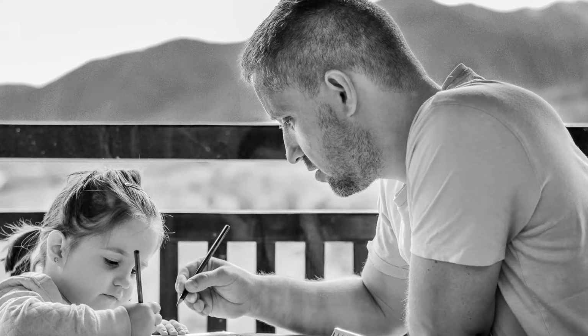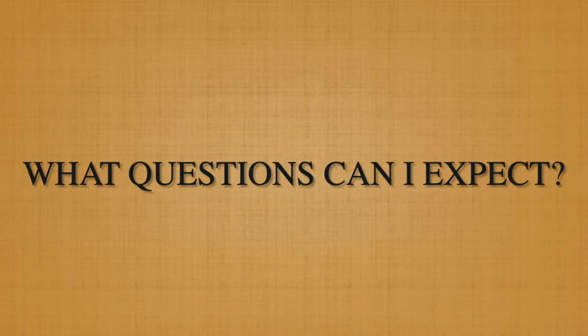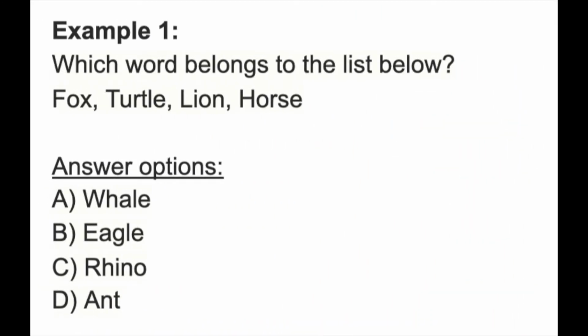Now we're going to talk about what kind of questions you can expect whenever you approach a word relationship question. Here's our first example. Now you have to think about which word belongs to the list below, and the list is fox, turtle, lion, and horse.